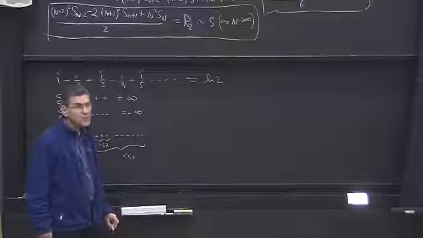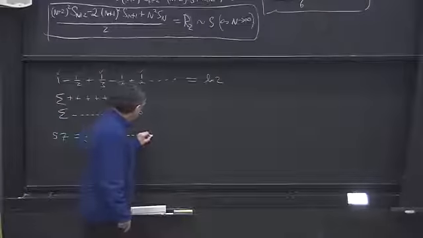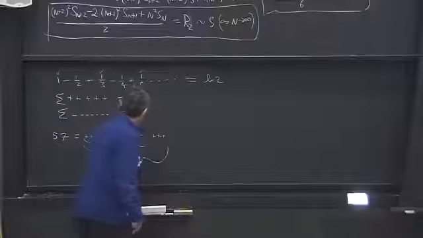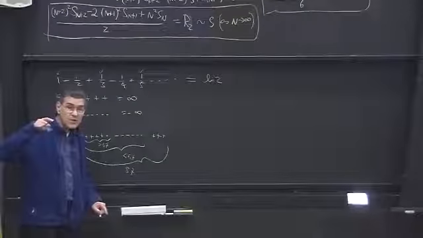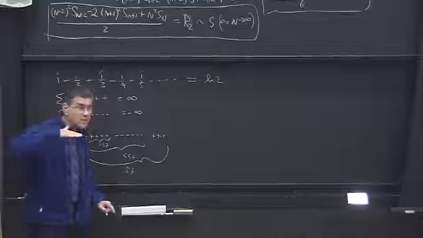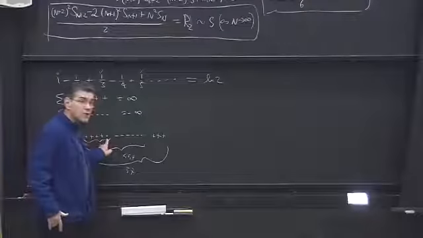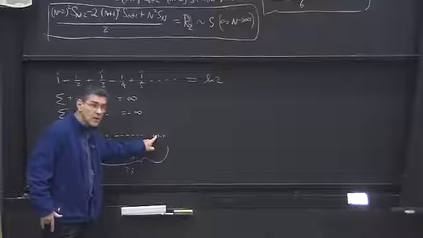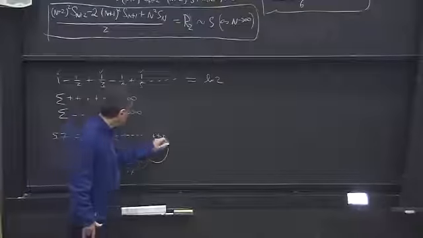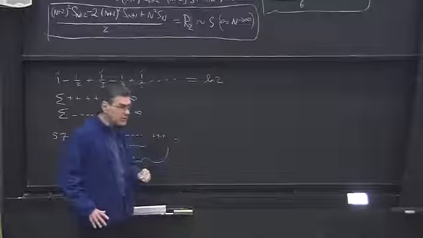Then I take some more positive numbers until it goes just above 57. But when it goes above 57, it'll go above 57 less than before, because I'm adding on smaller numbers. And then I take some more negative numbers until it goes below 57.